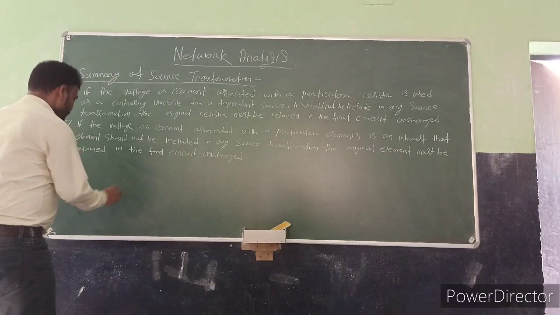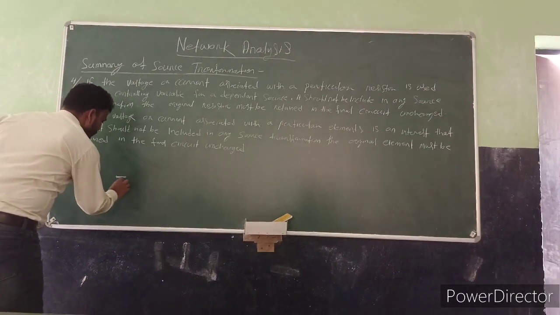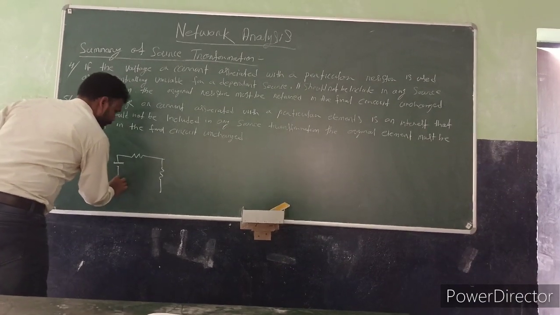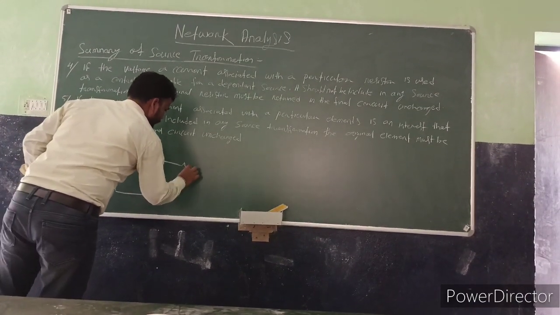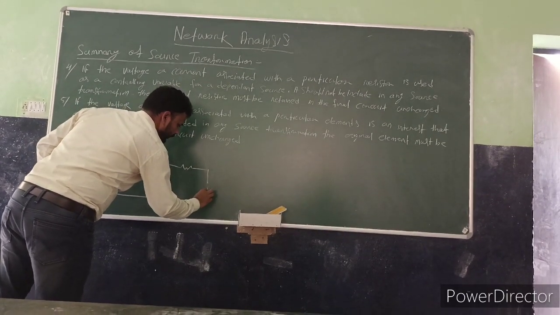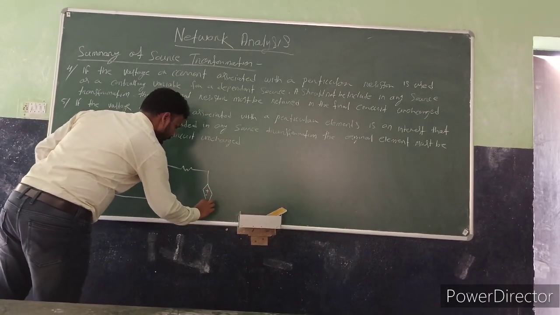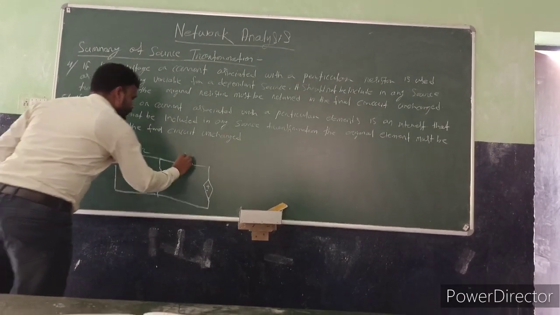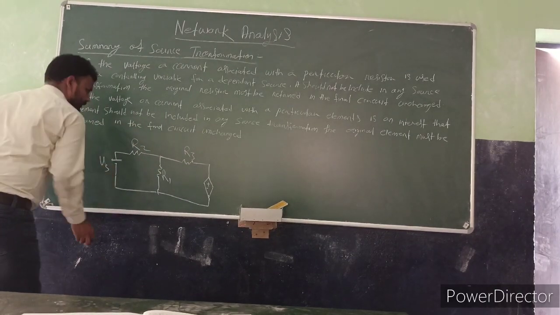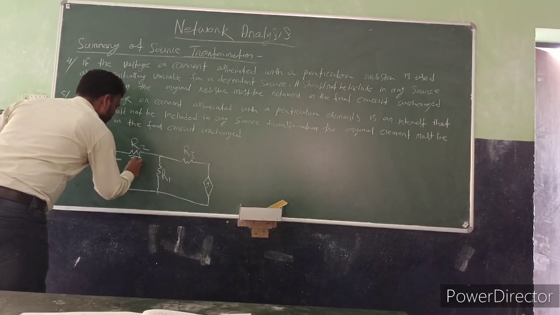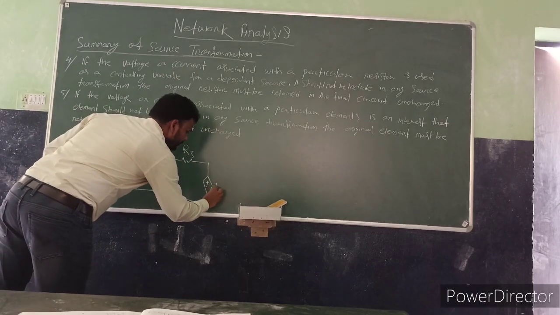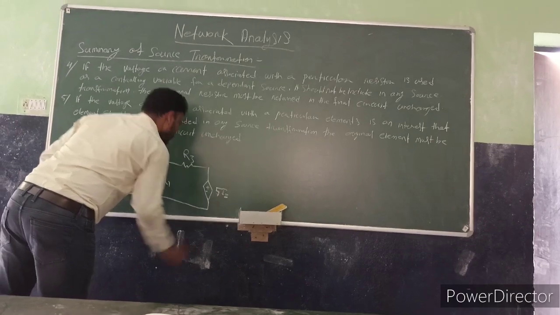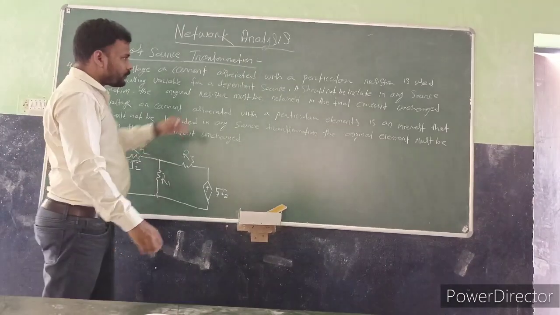Consider a circuit with R1, R2, R3. The current will be I2, and this voltage is I2.